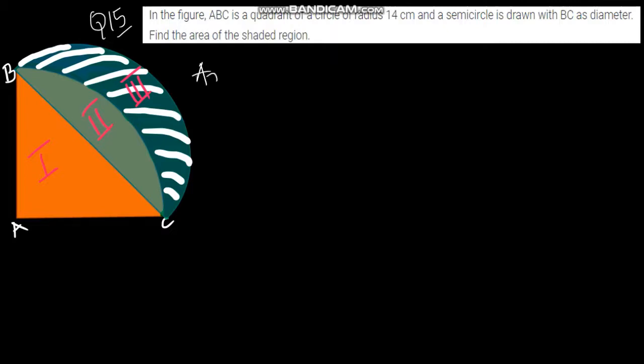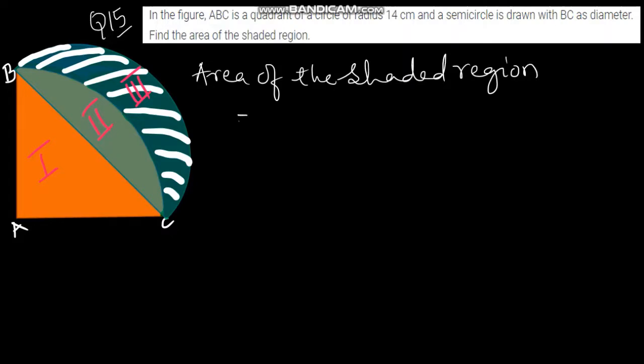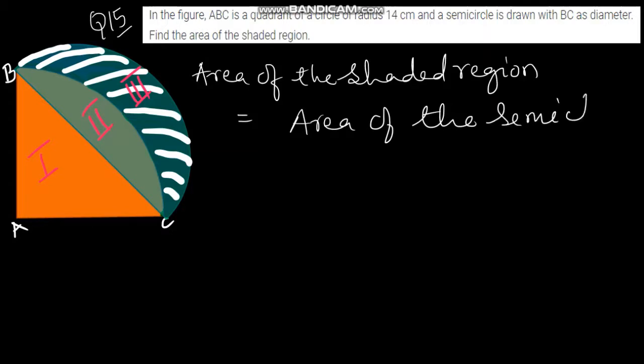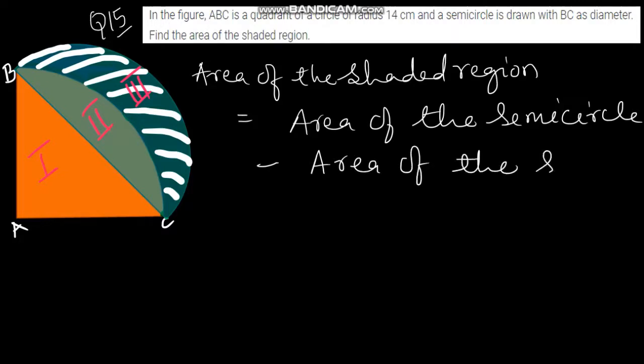So area of the shaded region is equal to area of the semicircle minus area of the segment. Now you already know what is the semicircle and what is segment.